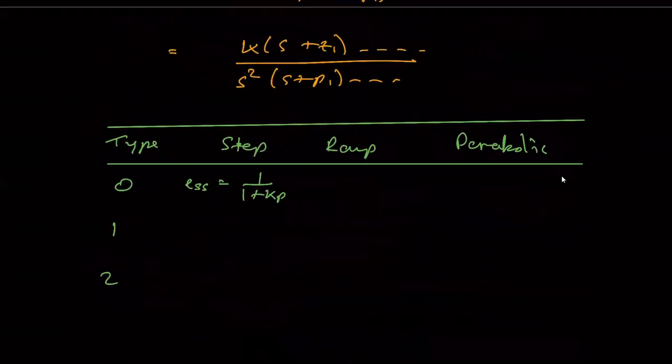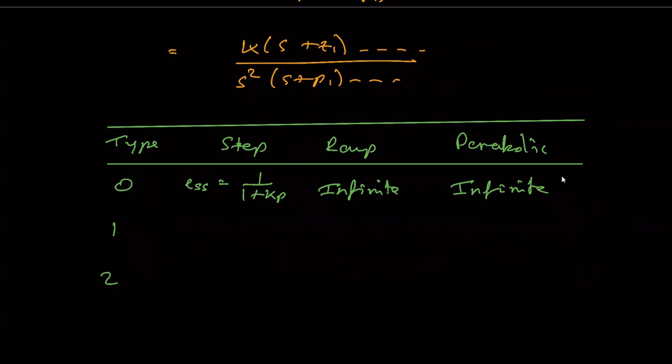So for a ramp, we never match: not 0, infinity. Basically, the output can never match the input if the input is a ramp. Likewise, the output can never match an input if the input is parabolic.